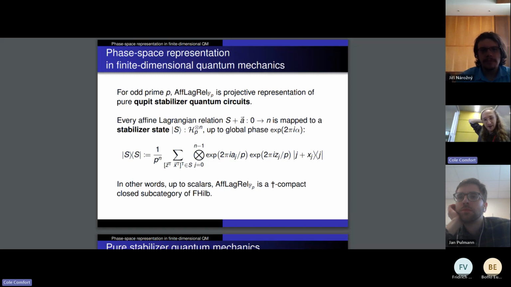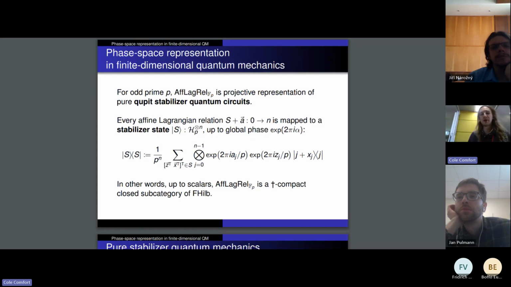And the basic idea is that every affine Lagrangian relation, you curry into a state, and then you map this affine Lagrangian subspace to a stabilizer state, which is this rank 1 projector given by this big sum and tensor product, and the idea is that the momentum changes this complex phase here, and then the position shifts the vector space structure in the state space representation.